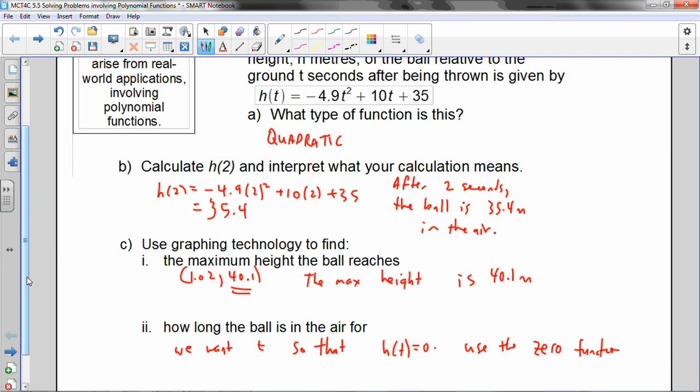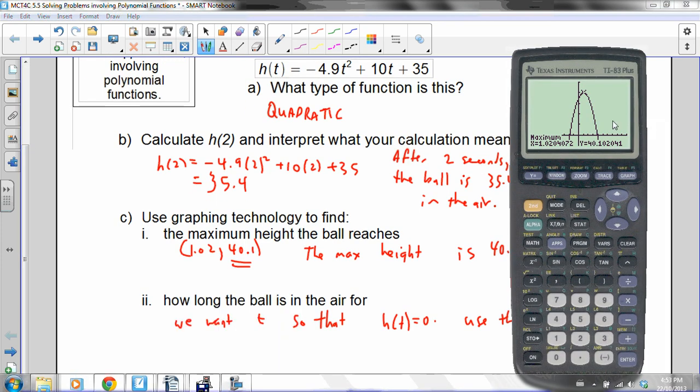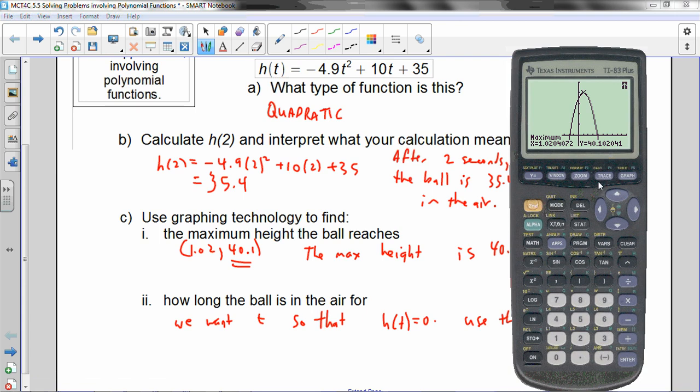Certainly, we could try and solve that some other way, but I got the calculator. It's all revved up and ready to go. Calculate, not value, calculate the 0. And again, this is the same sort of thing as the maximum. I go to the left of the 0, and then scroll to the right or enter a value to the right.